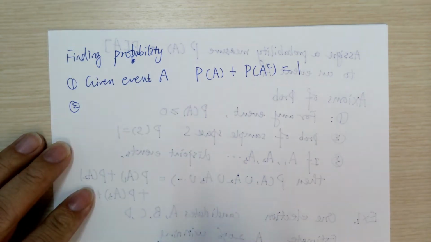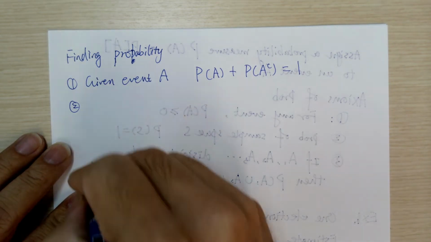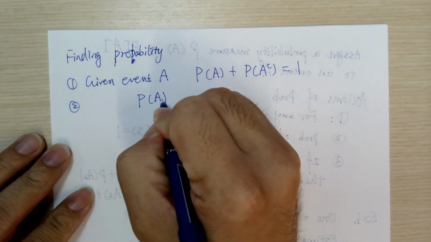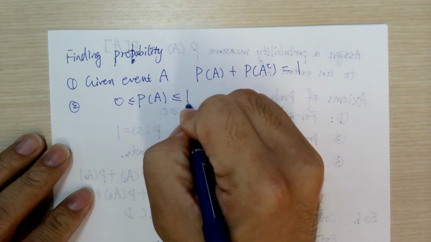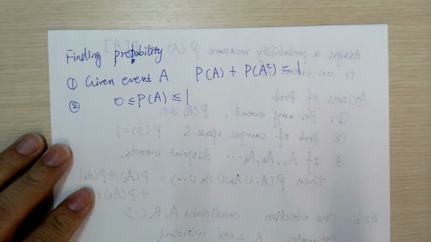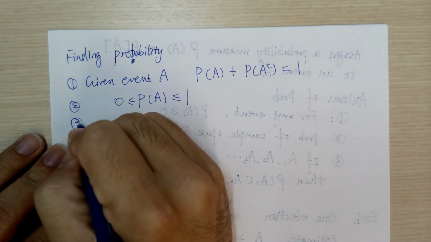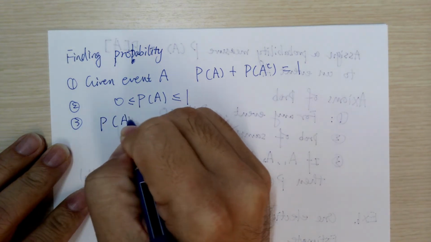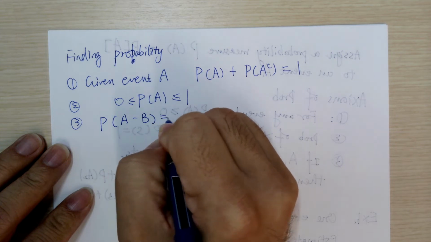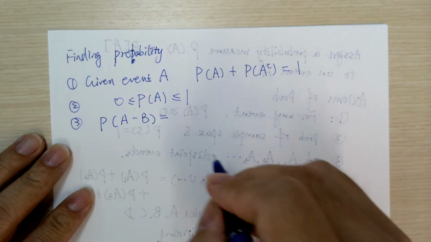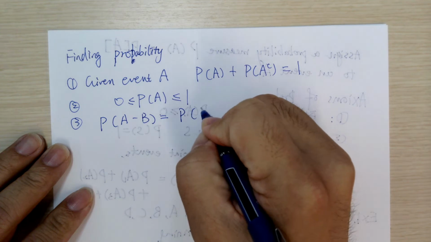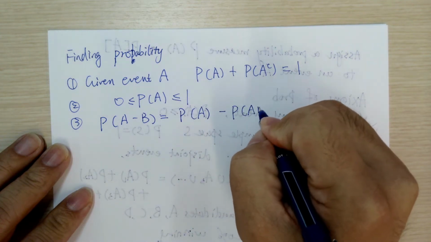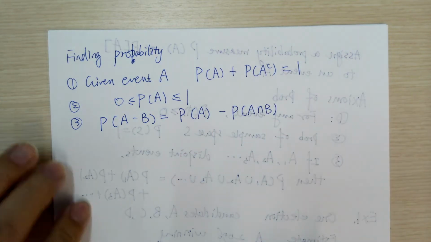Second, the probability of any event must be greater than or equal to 0 and less than or equal to 1 all the time. Third, the probability of A minus B can be written as the probability of A minus the probability of A intersect B.